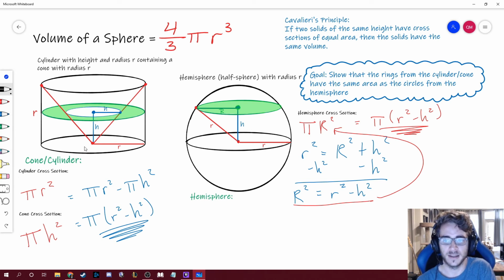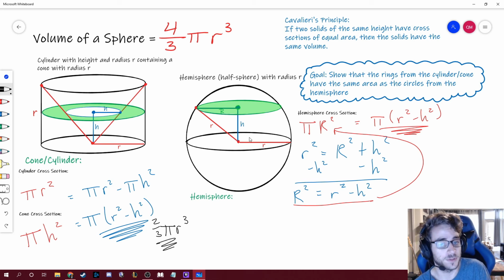So the volume of the cone cylinder part, if we do the whole cylinder first, is pi r squared times r, so that's pi r cubed. Since the cone takes 1/3 of it, the remaining part would be 2/3. So 2/3 pi r cubed is the volume of both of these, a hemisphere and the cone cylinder system.